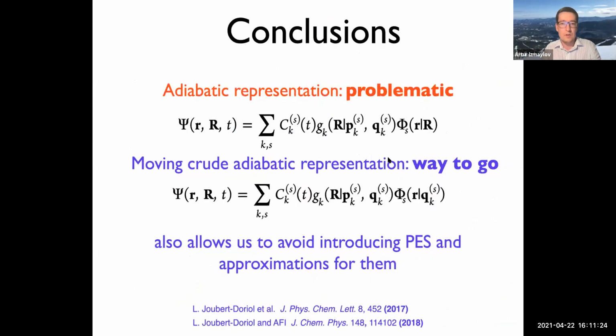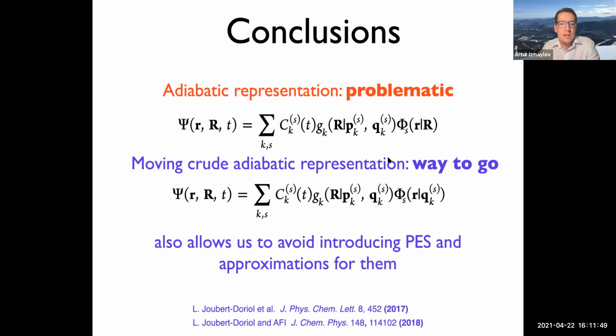All right, so to conclude, the adiabatic representation is nice in the sense that it's provided by the electronic structure packages, but it's very problematic for doing dynamics. And so moving to the crude adiabatic representation essentially resolves many of these problems.